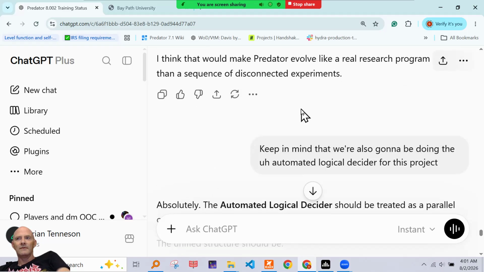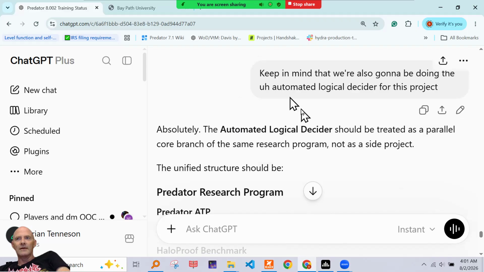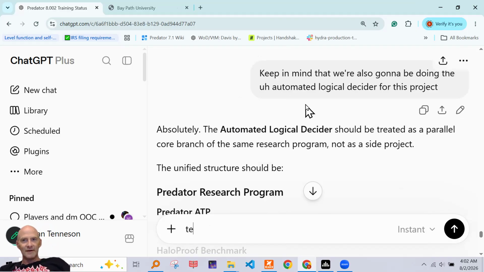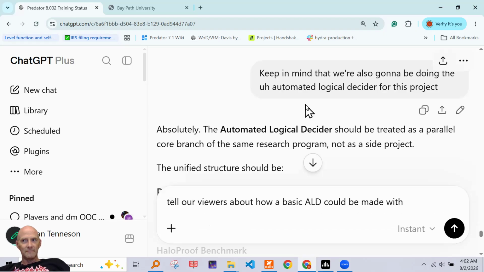All right. And then the automated logical decider, that was the thing I was going to tell you about. I'm going to have it tell our viewers about how a basic ALD could be made with some Predators.